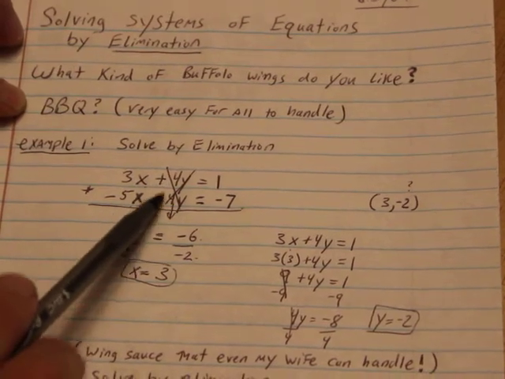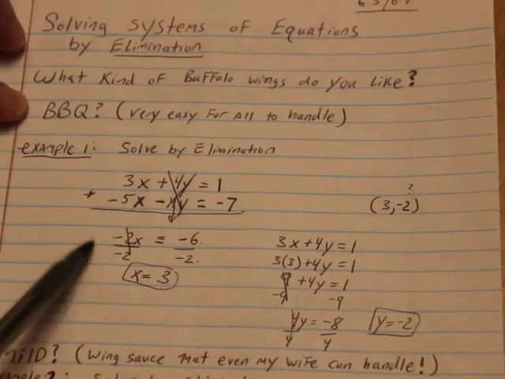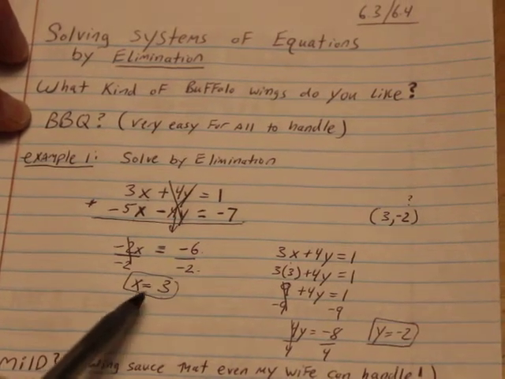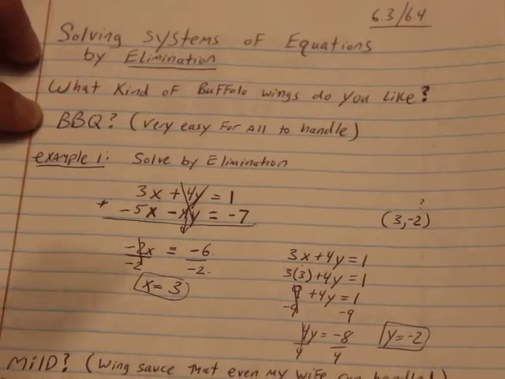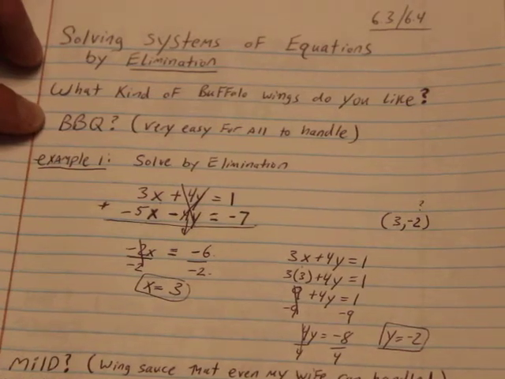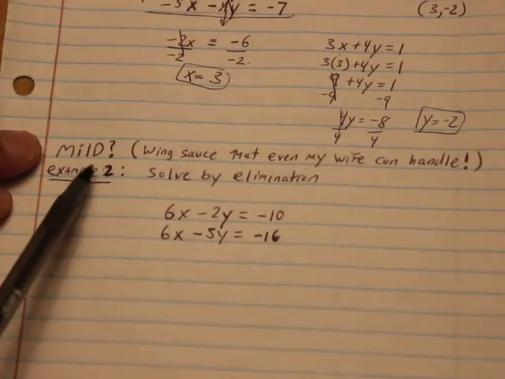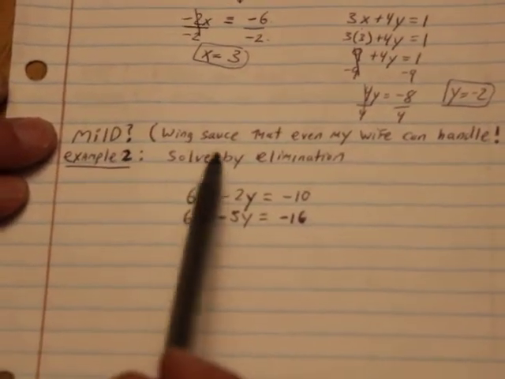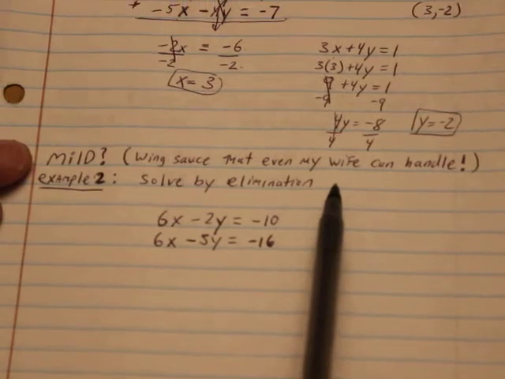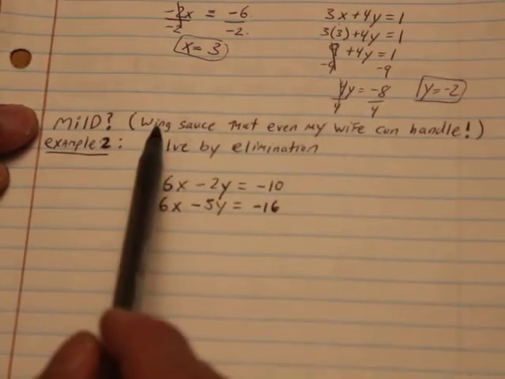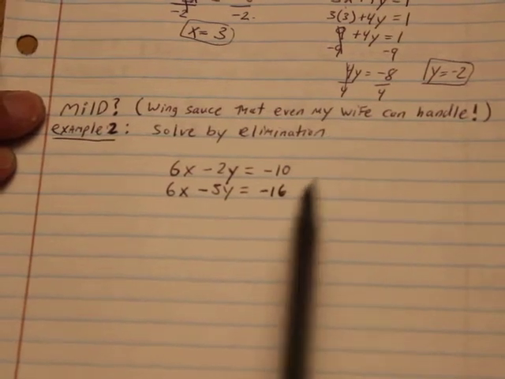Opposite coefficients cancel, add them together, find out one variable, substitute that back into either one of the equations. That's it. The next type of buffalo wing, do you like mild buffalo wings? Mild buffalo wings is wing sauce that even my wife can handle, because my wife does not like spicy foods, but she even likes mild wing sauce.